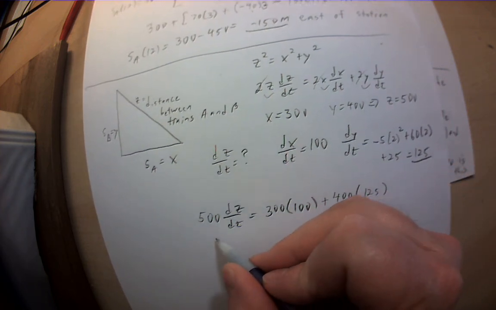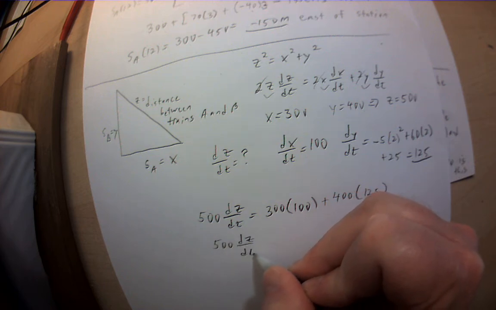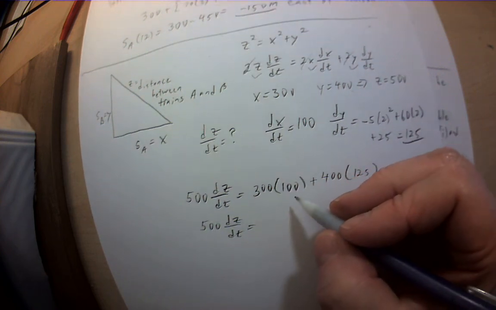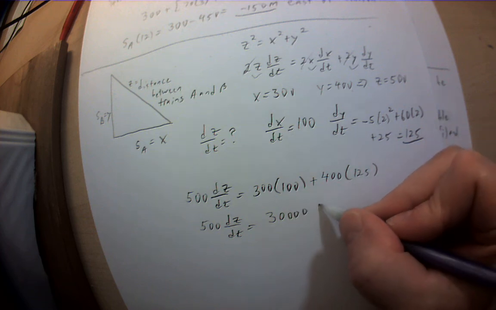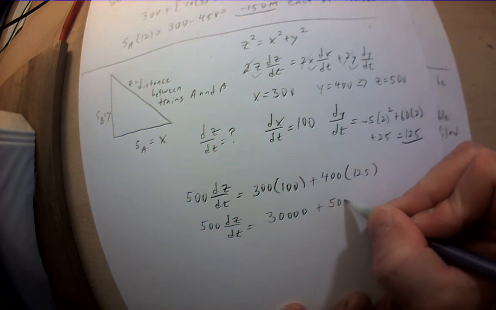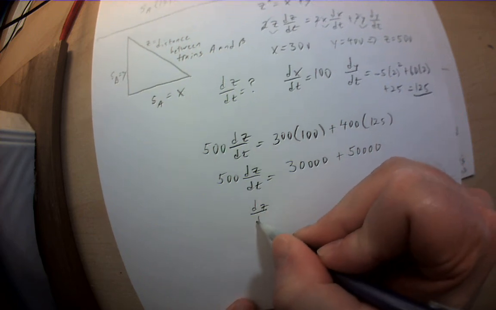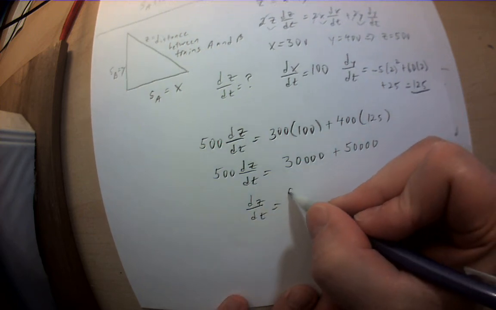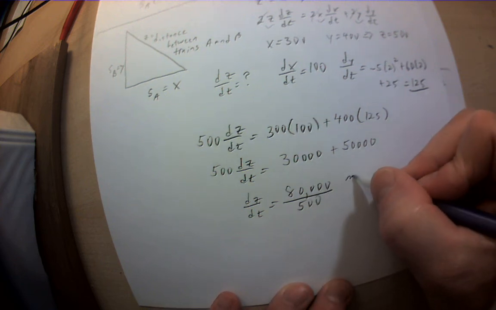So 500 dz/dt equals 30,000 plus 400 times 125, which is 50,000. So I get dz/dt equals 80,000 over 500 meters per minute.